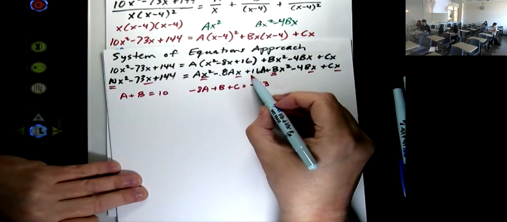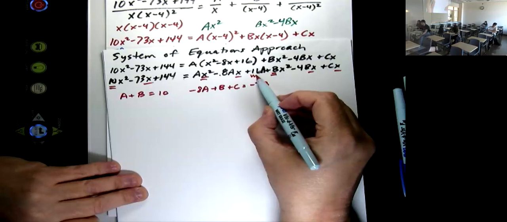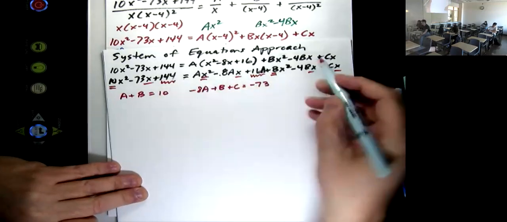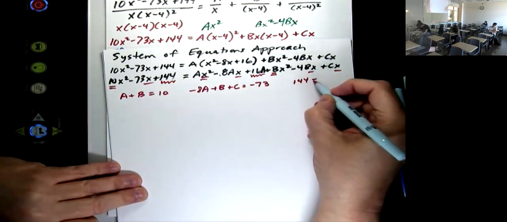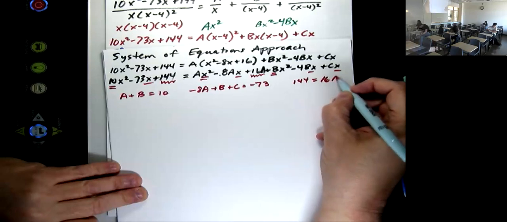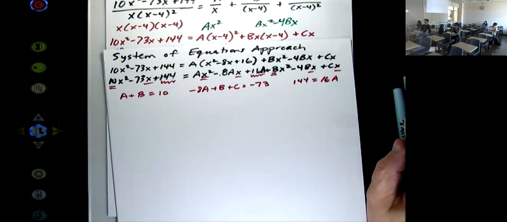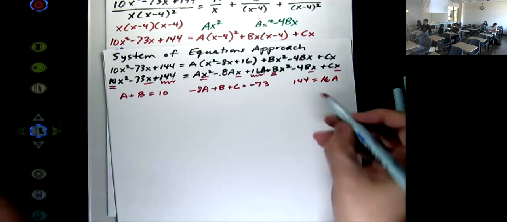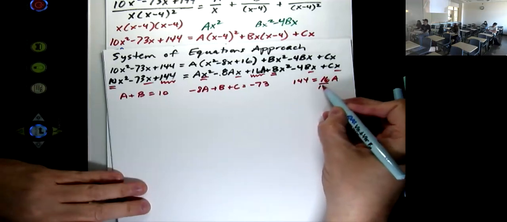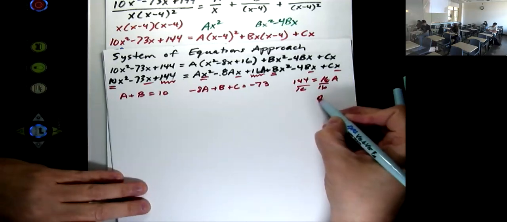And finally, my constants. 144 equals 16A. So if we did it this way, we divide by 16, we get A equals 9.